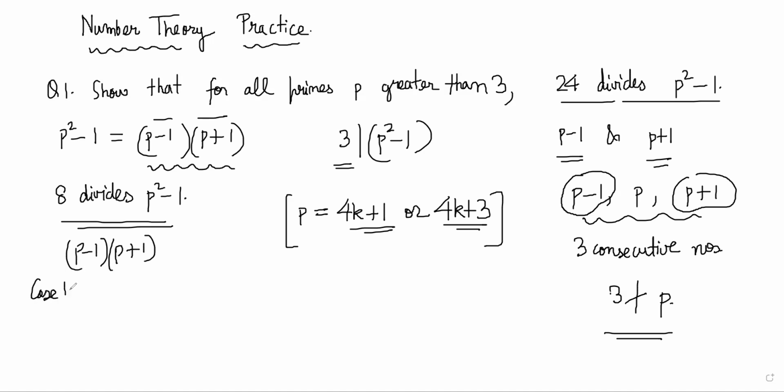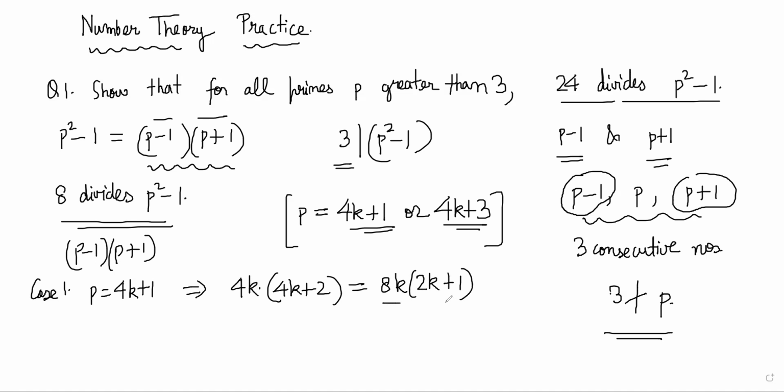Case 1, where p is equal to 4k plus 1: in that case this expression becomes 4k and 4k plus 2, which is clearly 8 times k and 2k plus 1. So therefore 8 divides p square minus 1, right?